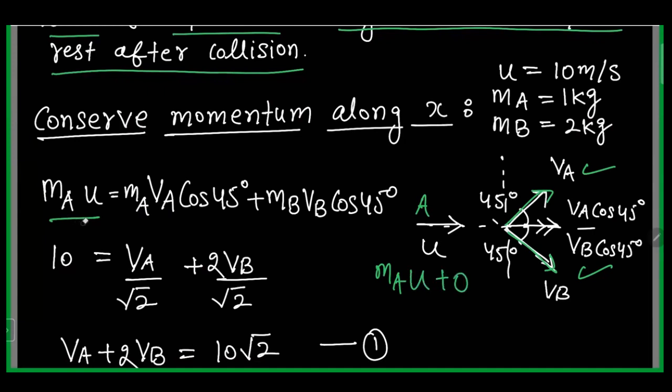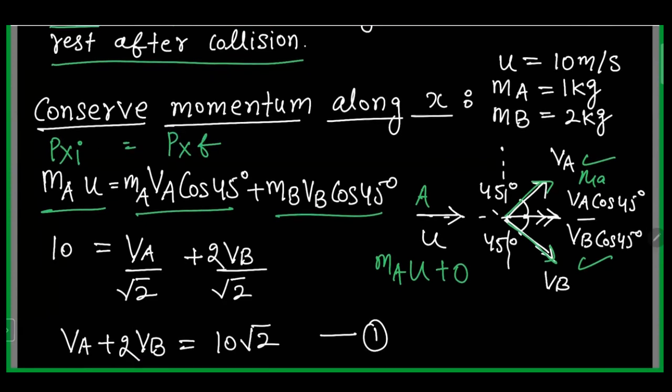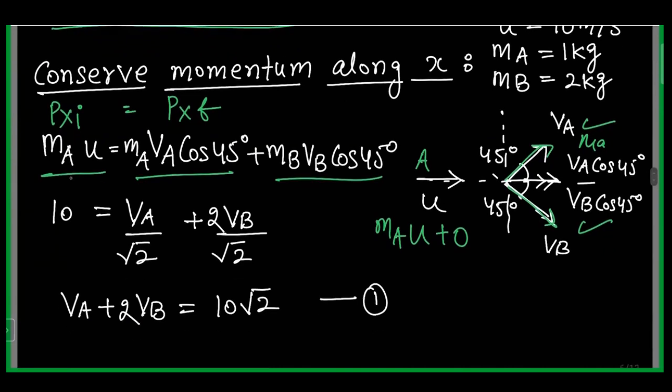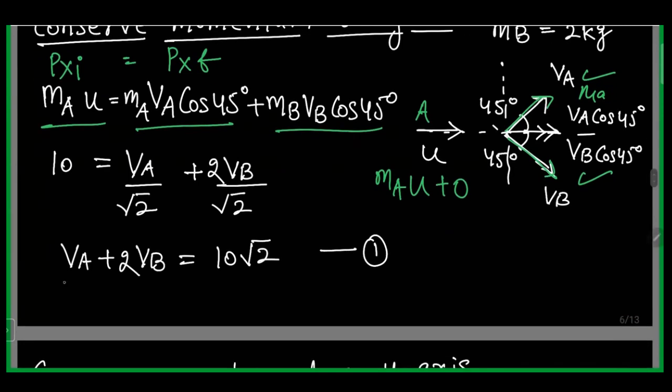MAU equals MA VA cos 45 plus MB VB cos 45. This is your initial momentum along X and this is your final momentum along X. If you make them equal and put in the values of mass and velocity, which are given to you, you will get VA plus 2VB equals 10 root 2. So this is your equation number 1.